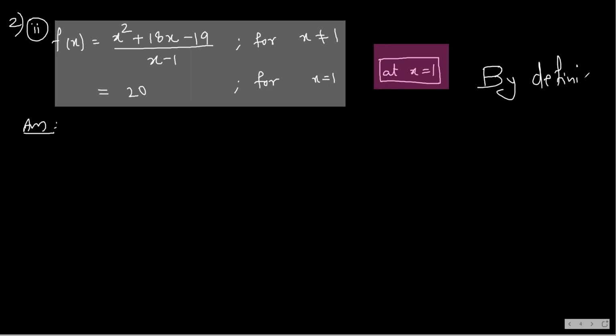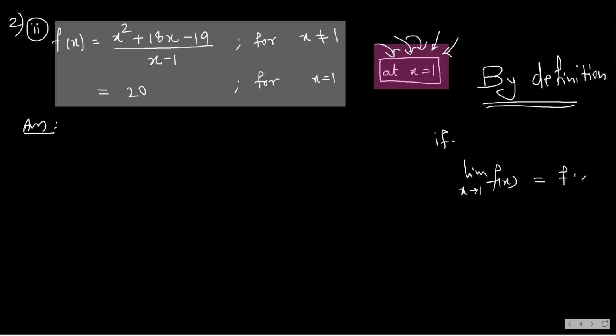What is the definition of continuity of a function at x equals to 1? It will go as follows. Listen, a function f of x is continuous at x equals to 1, if limit f of x, x tends to 1 is equal to f of 1.